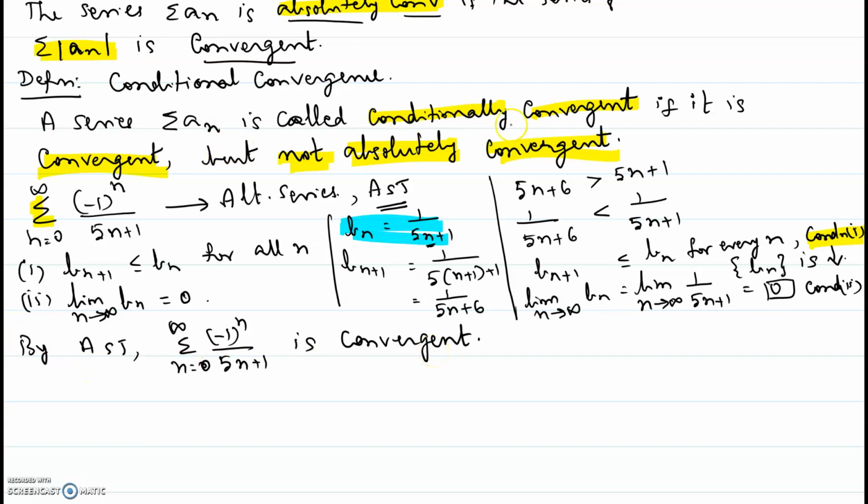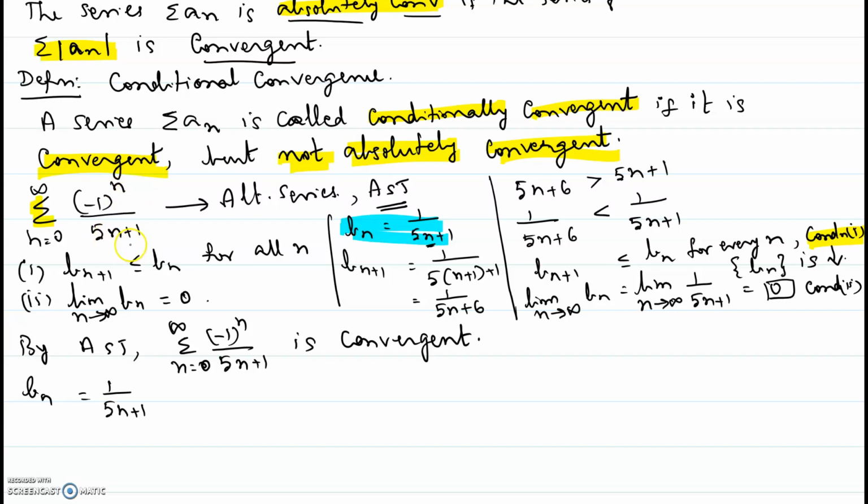In order to prove whether it is conditionally convergent or not, we have to see whether it is absolutely convergent or not. So we already know bn equals 1 over 5n plus 1. That is the absolute part of this alternating series. If we take the absolute values, sigma of absolute an would be negative 1 to the power n, which is always 1 when you take the absolute value.